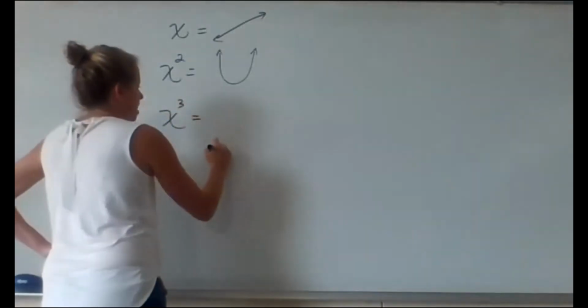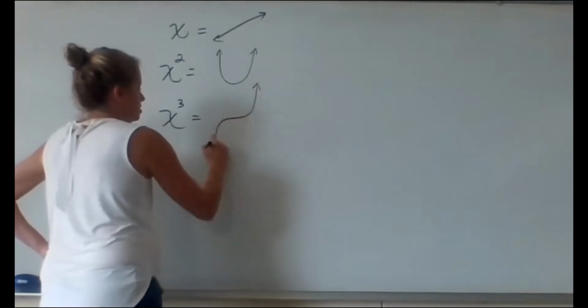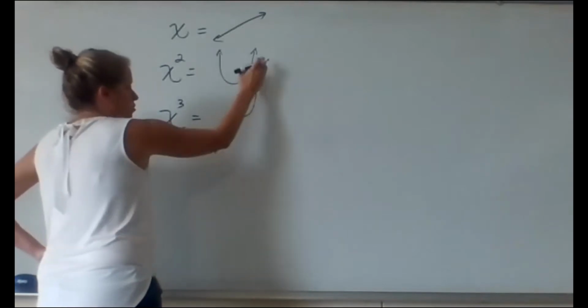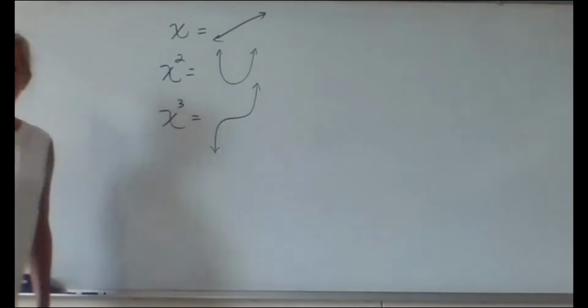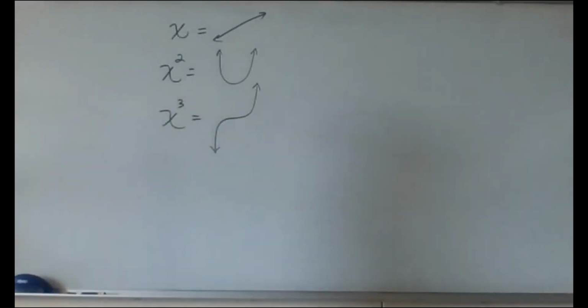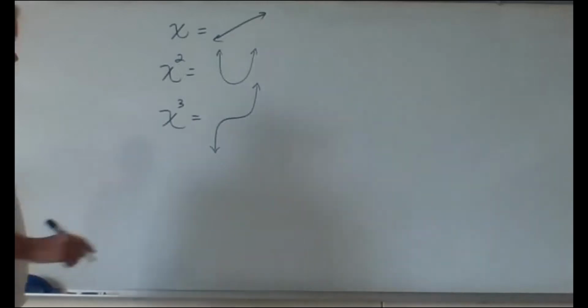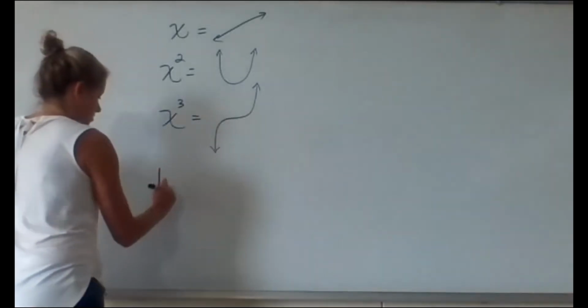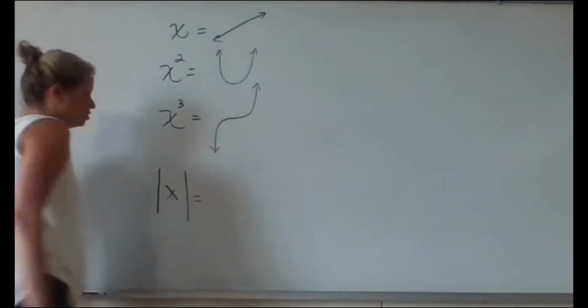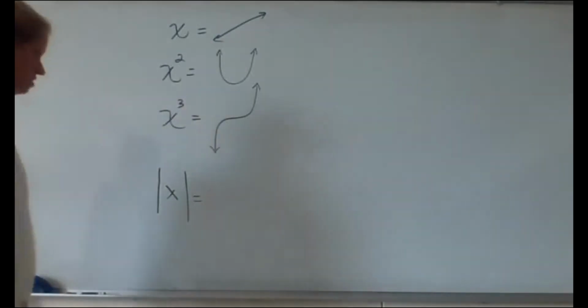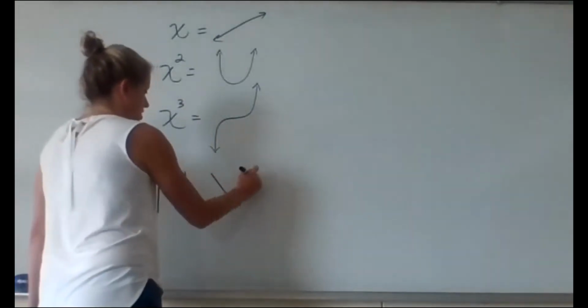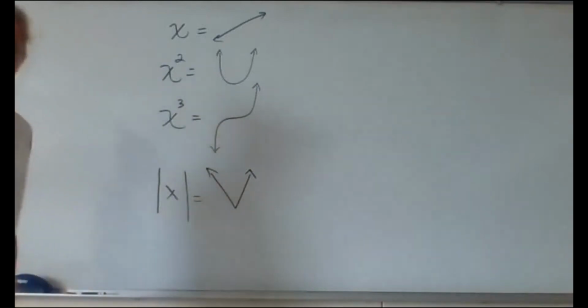X to the third graphs are the squiggle shape. They start at the bottom, they squiggle through the origin and end up going up. Absolute value graphs are the V-shaped graphs.